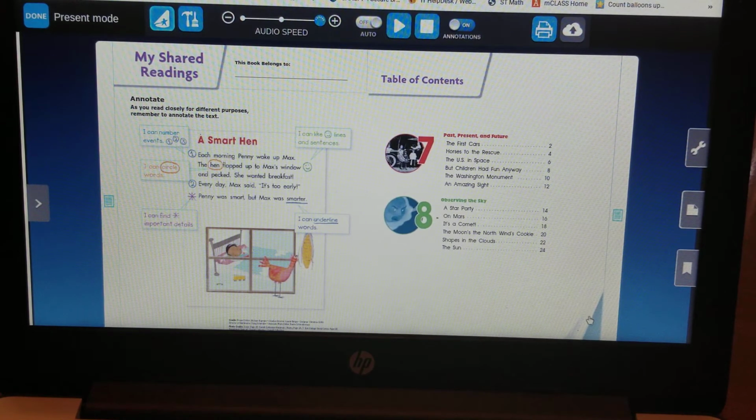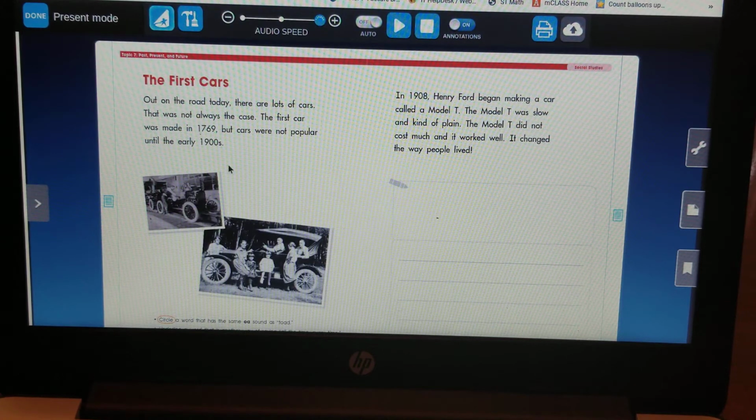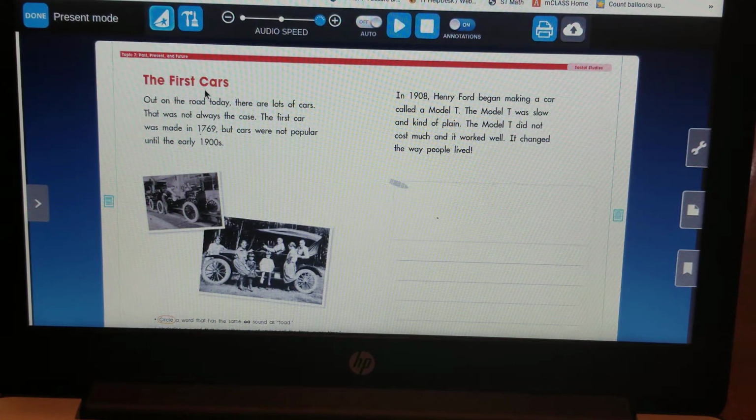Well, something we're going to learn about today is cars. I want you to think about the kind of car you have in your family. Maybe it's your mom's car or your dad's car or your auntie's car, your uncle's car, your cousin's car. Think about how those cars look.